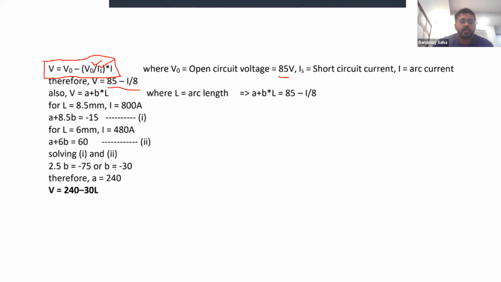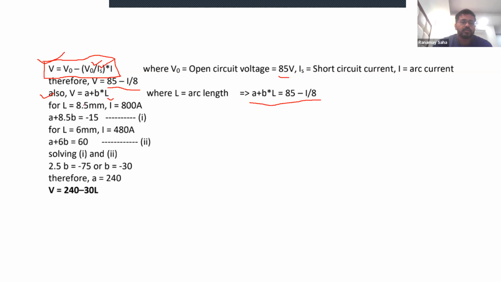Also, you know that you can represent the voltage characteristics in terms of arc length L through this equation, where A and B are the constants. Now equating these characteristics of the arc source to what is given in the equation, we find this relation: A plus B into L equal to 85 minus I by 8.